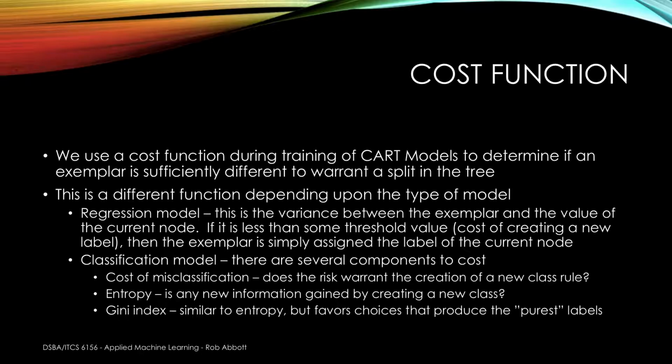So in the case of a regression tree, given an input, we're trying to learn an appropriate output or learn the correct output given that input. So in this case, we're simply looking at something like mean squared error being the measure of fit in that case.